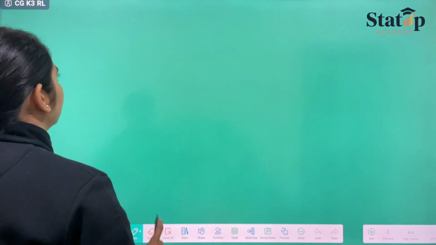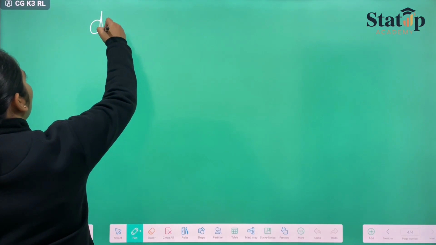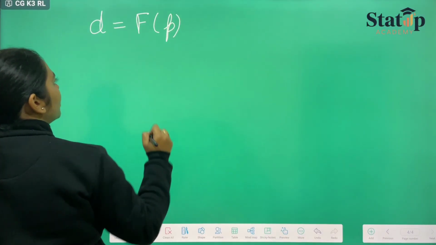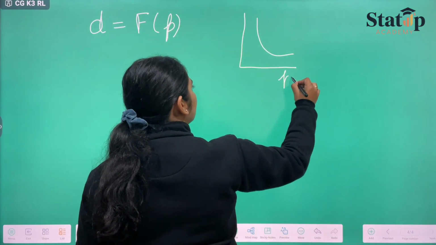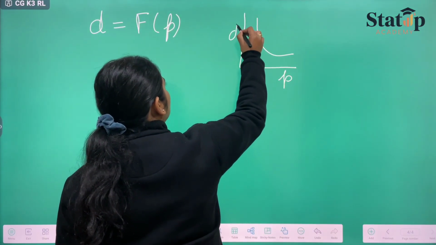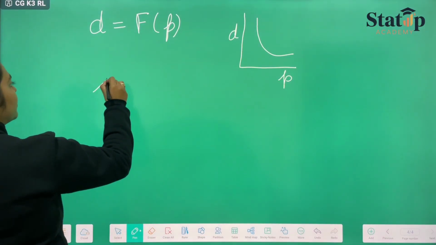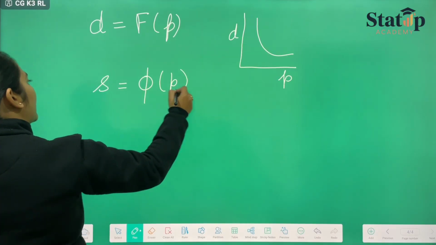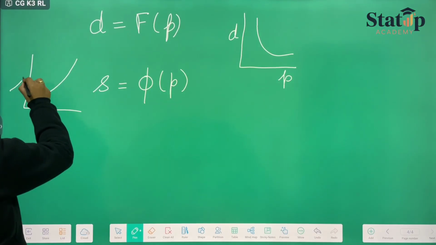Revising yesterday's concept, demand function can be represented by D of P, which is a function of price, and it decreases as the price increases. This is demand and this is price. And supply function is also a function of price, and it increases as the price increases.